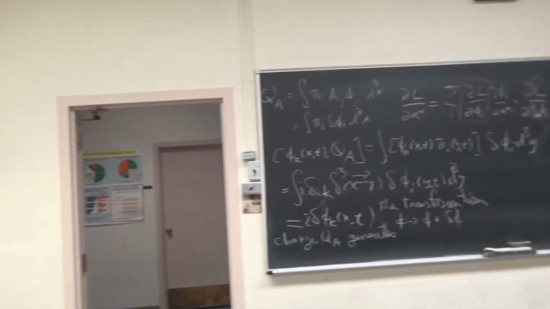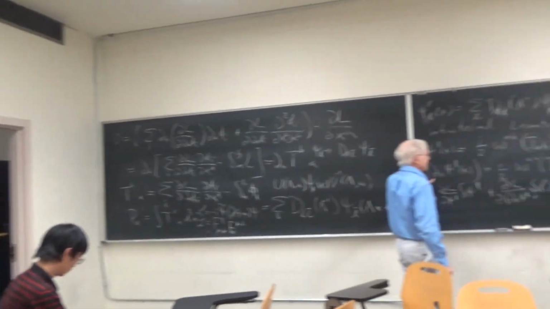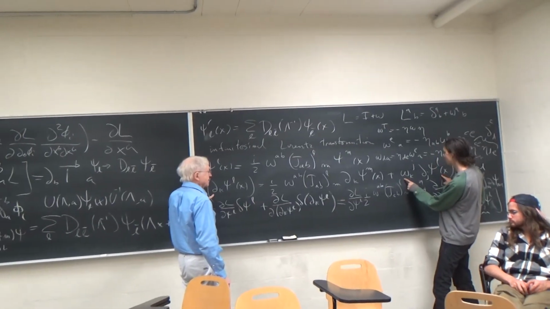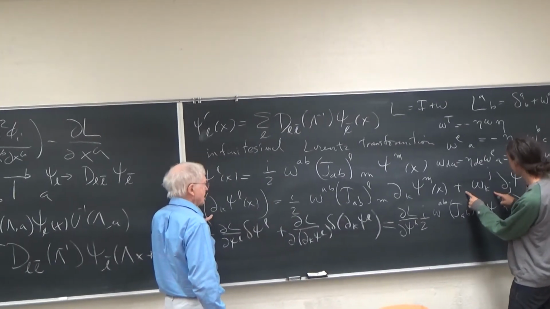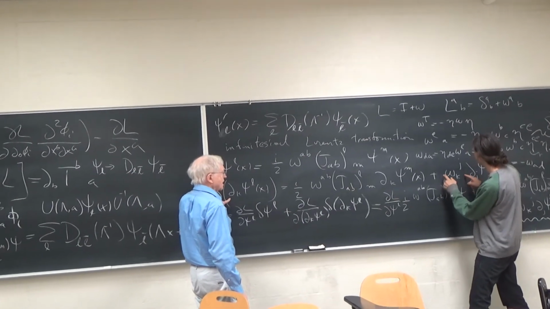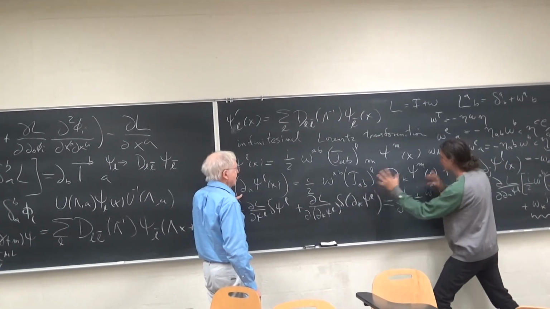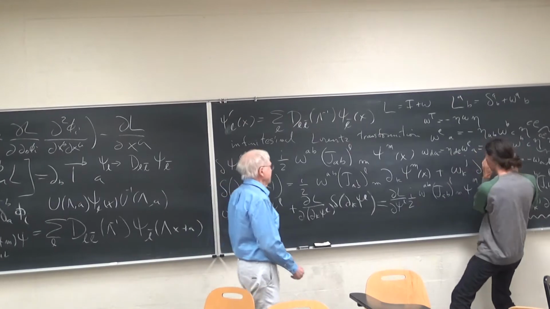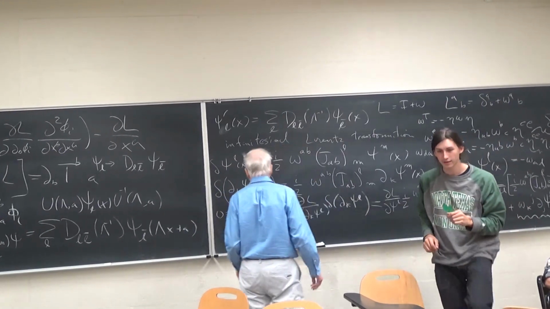So I was wondering, for the change here, you have this term, and you also have this extra term. I'm wondering what is up with this extra term, and why does it look the way that it does? That's a good question.